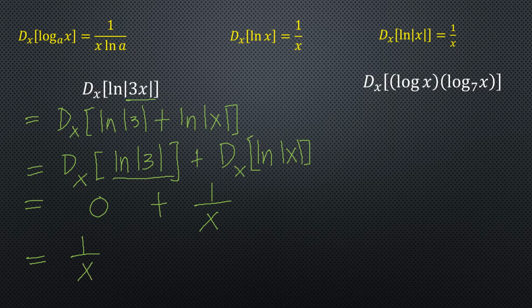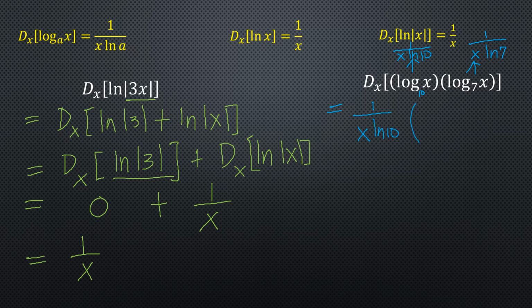The next example makes use of the product rule. So the derivative of logarithm of x is 1 over x ln of 10, because that is a common logarithm, so the base is 10. And the derivative of the logarithm of x to the base 7 is 1 over x ln of 7. So we get the derivative of the first factor logarithm of x, and that is equal to 1 over x ln of 10.